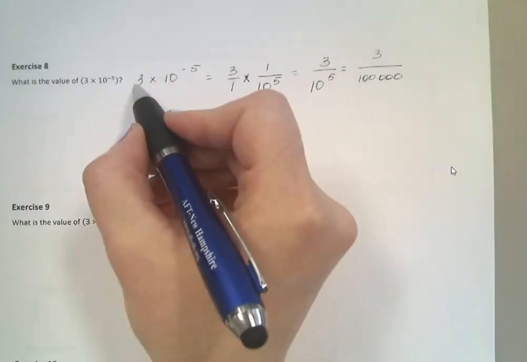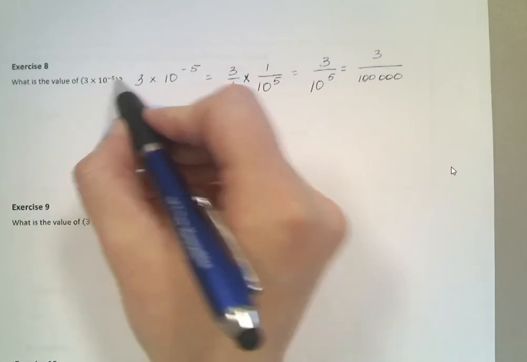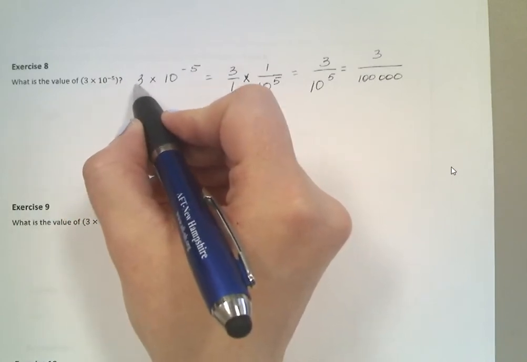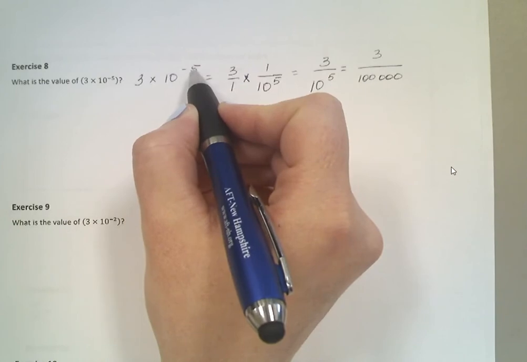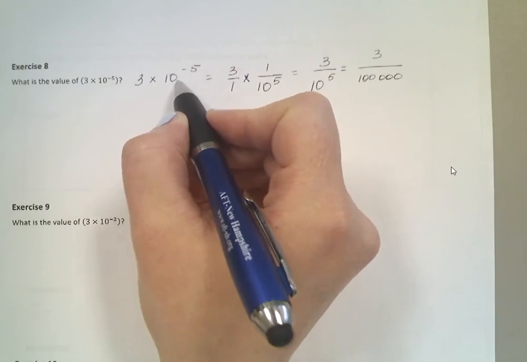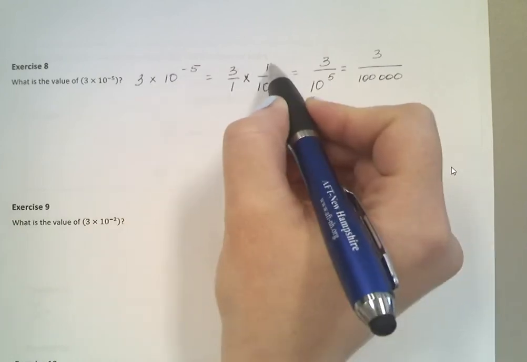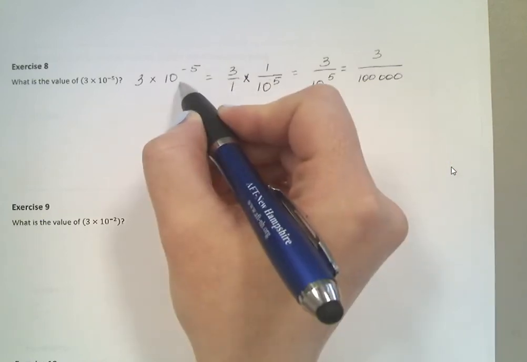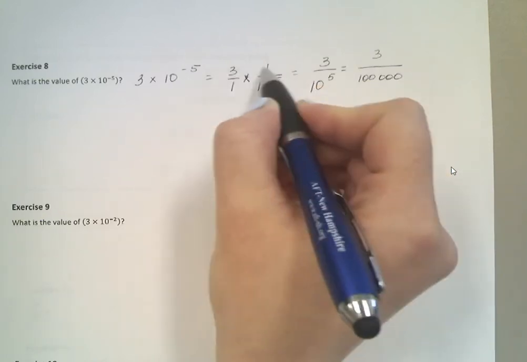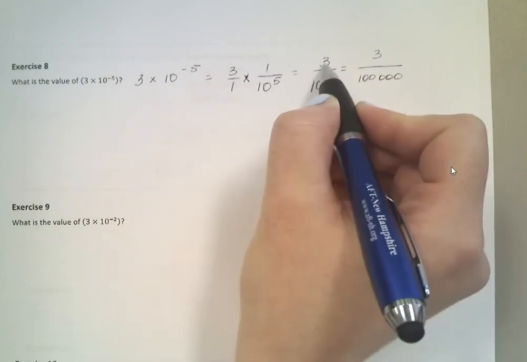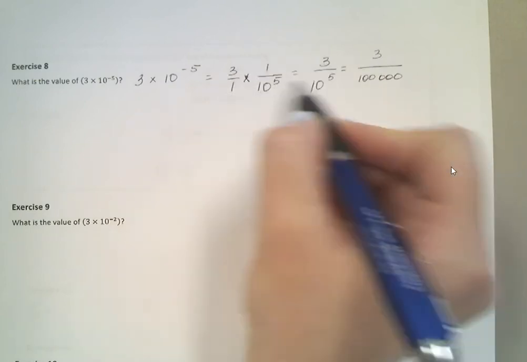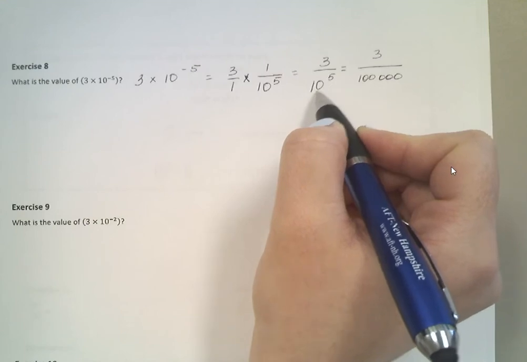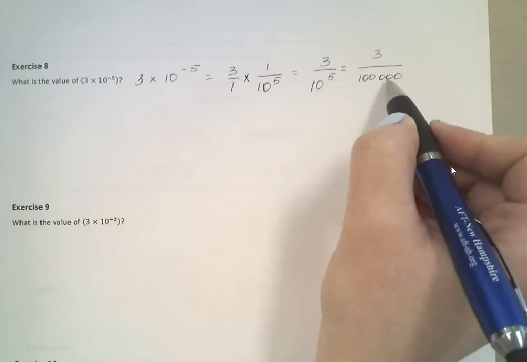What is the value of 3 times 10 to the negative fifth? So I just rewrote 3 times 10 to the negative fifth, and I turned it into a fraction. 3 over 1 times 1 over 10 to the fifth, according to our rule for negative exponents. And then I multiplied across. 3 times 1 is 3. 1 times 10 to the fifth is 10 to the fifth. 10 to the fifth is 100 thousandths.